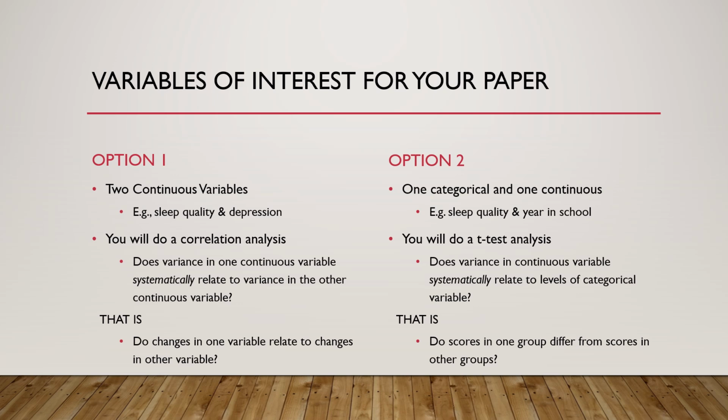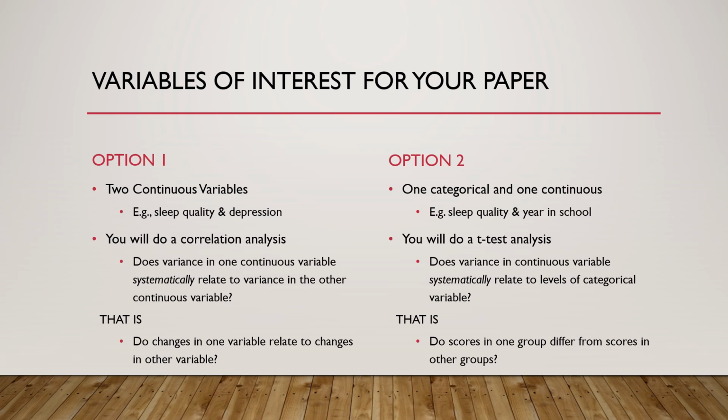So are changes in your continuous variable, this kind of flow and change, this variance, in some way attributed to which group your participants are in? You could say this again in layman's terms: do scores in one group differ from scores in the other group? You're comparing those two groups to see, is there overall some difference between them?